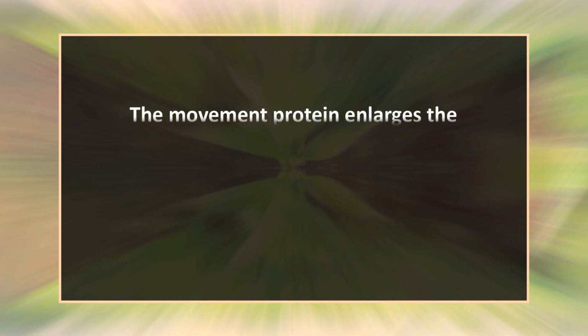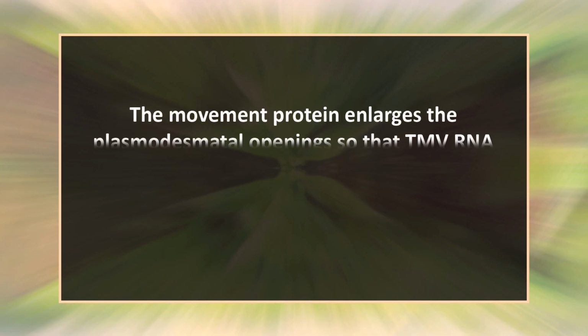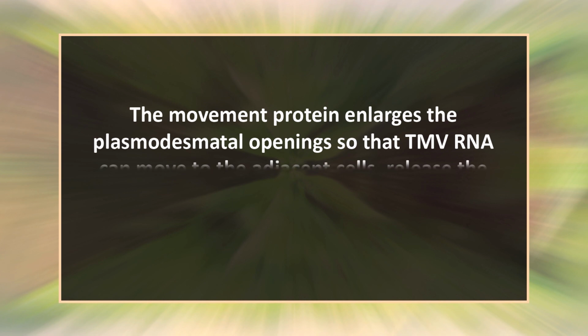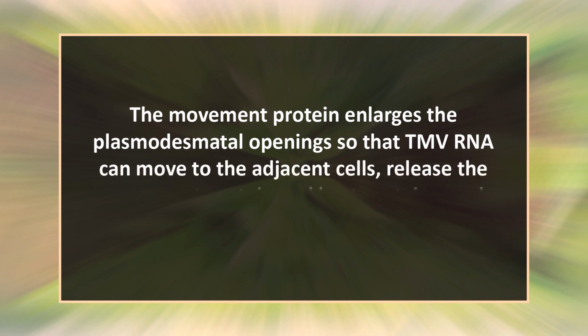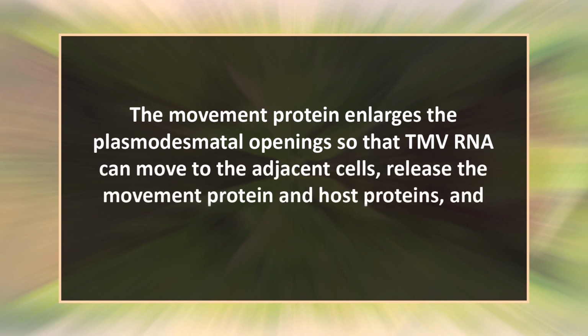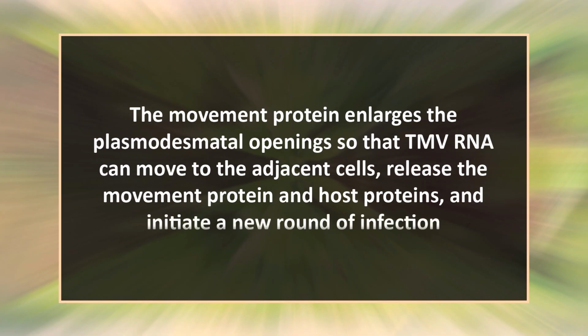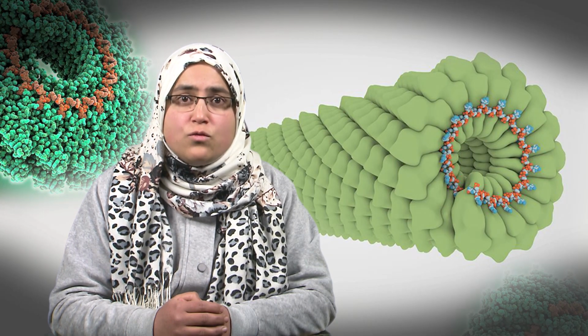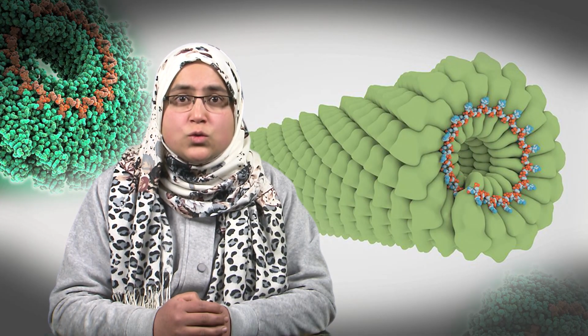The movement protein enlarges the plasmodesmatal openings so that tobacco mosaic virus RNA can move to the adjacent cells, release the movement protein and host proteins, and initiate a new round of infection. As the virus moves from cell to cell, it eventually reaches the plant's vascular system, that's veins, for rapid systemic spread through the phloem to the roots and tips of the growing plant.